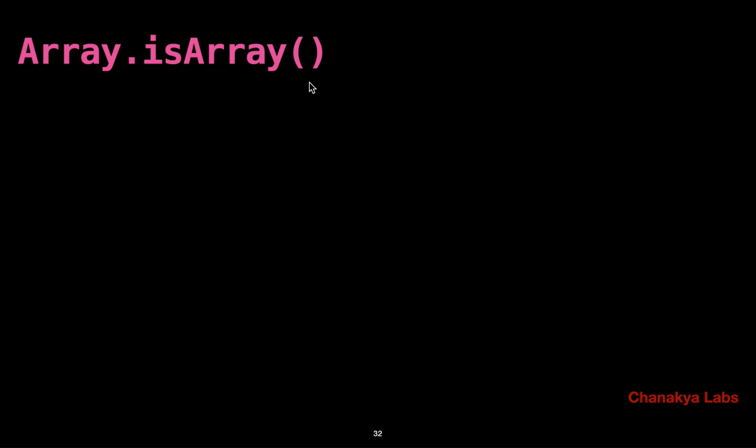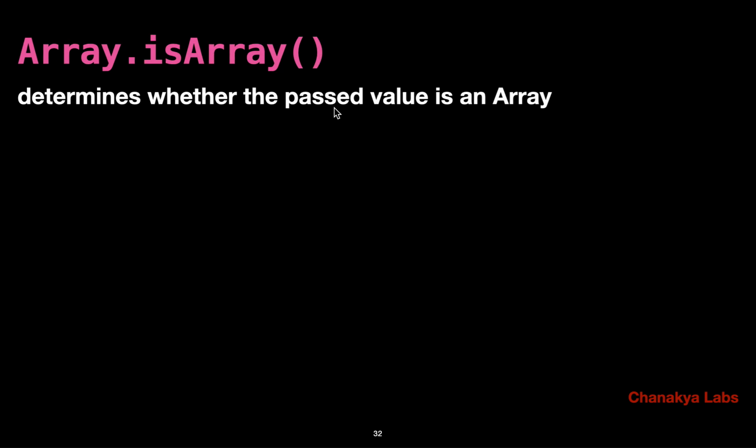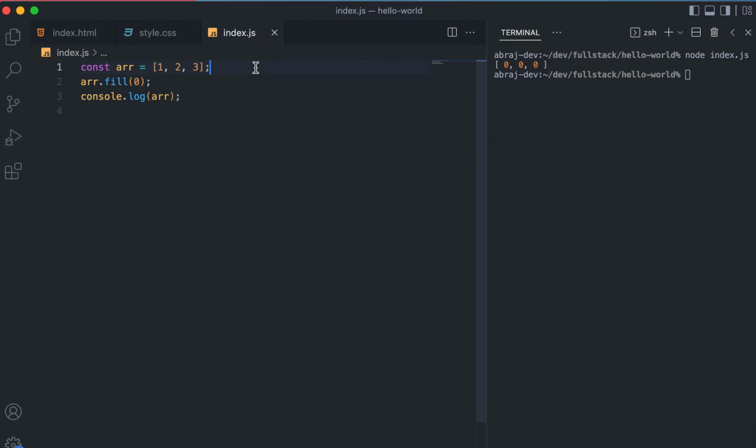Now there is something called Array.isArray. It determines whether the passed value is an array or not. Okay, so let's say something is given. Now we know that if I have anything, let's say obj is equal to this object, and let's say const xyz is equal to null.